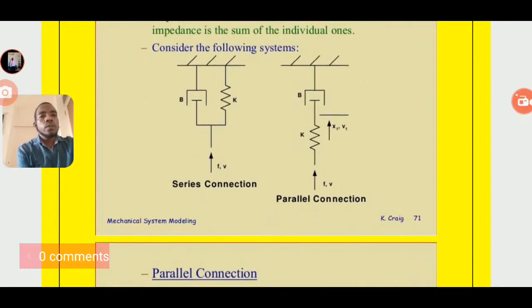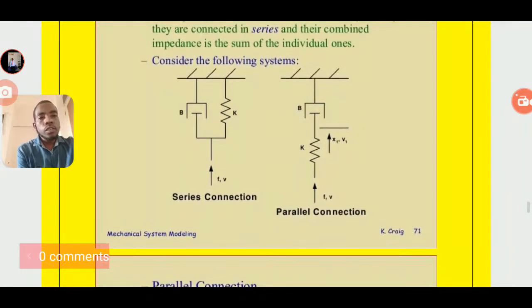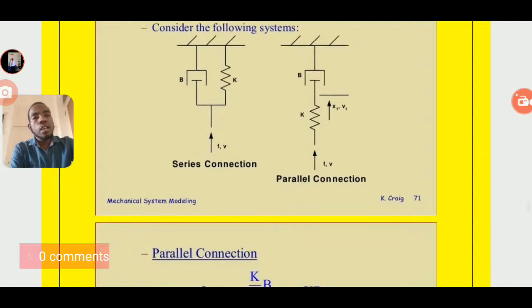Consider the following system. This is the series connection of the impedance systems, and this is the parallel connection. Parallel means parallel only, but when we say series, it is one after the other.